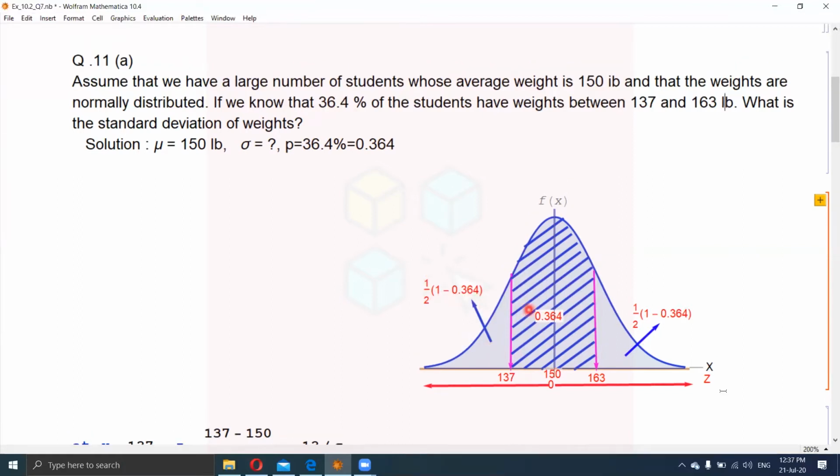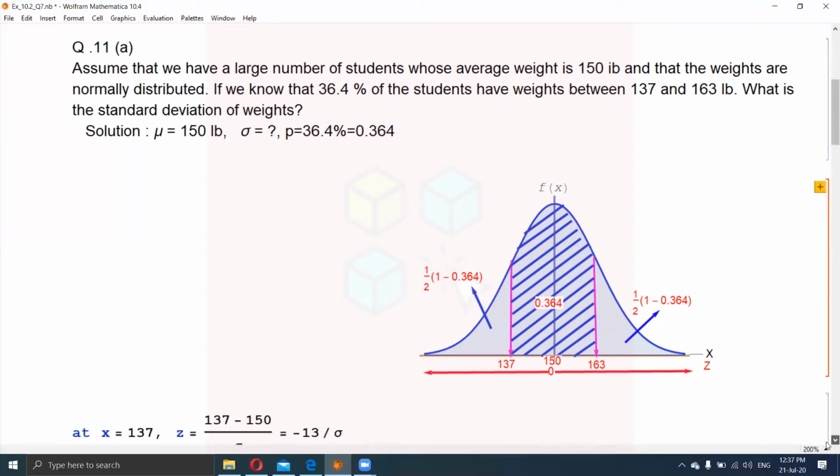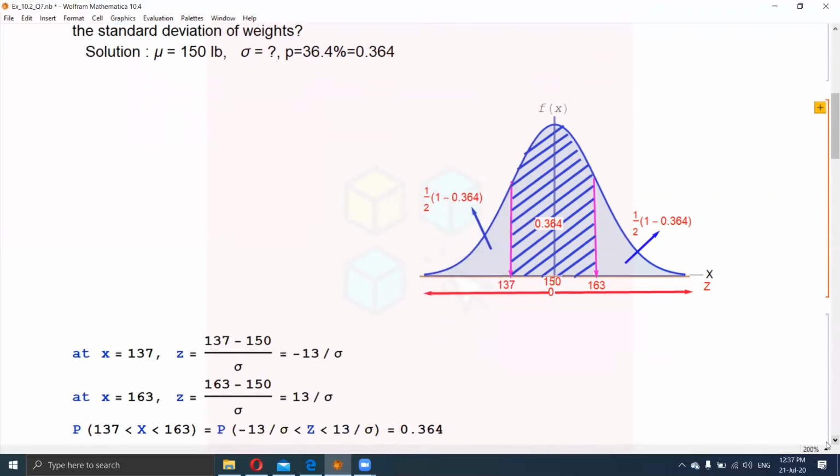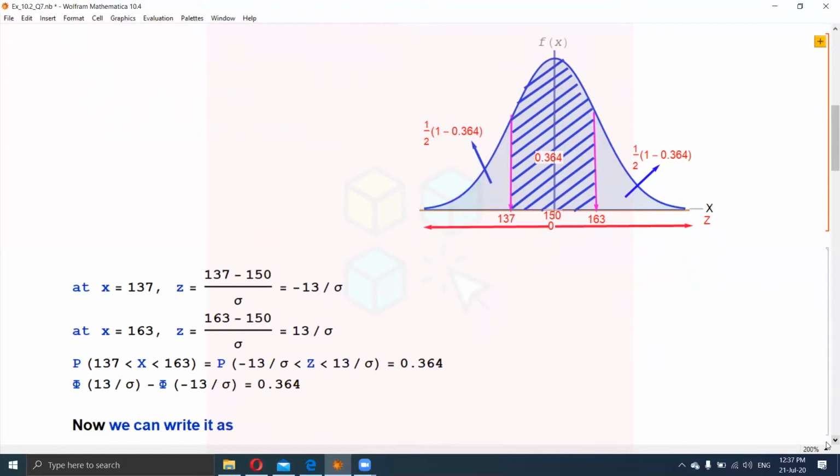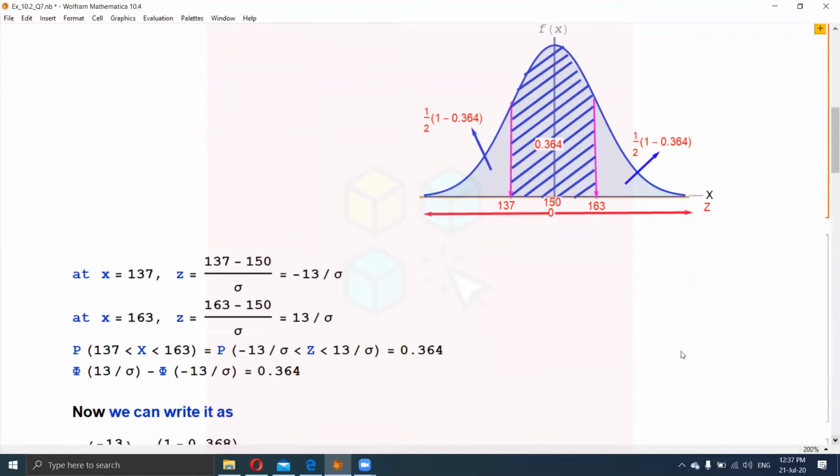Now we will solve this question in such a way that an equation is obtained in which sigma unknown is involved. So at x 137 and x 163, we have to convert both of these x values into z, because there is a z scale, and in the middle of the z corresponding value of 150, the z is 0.